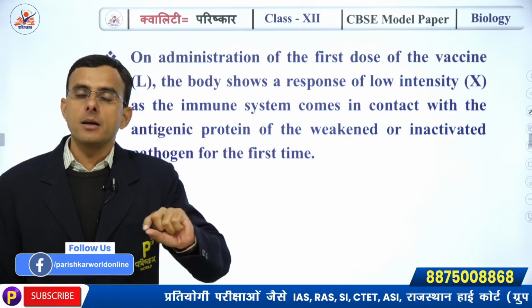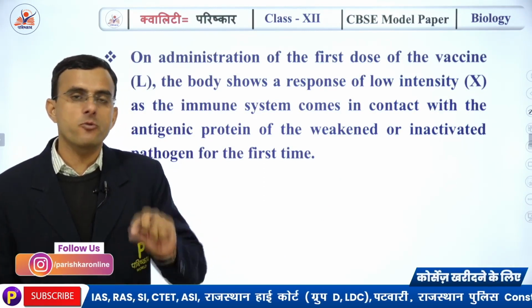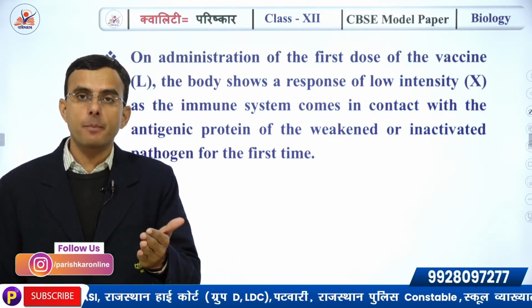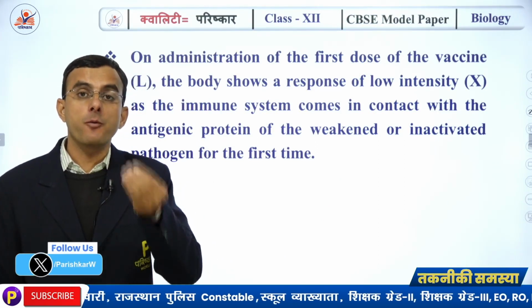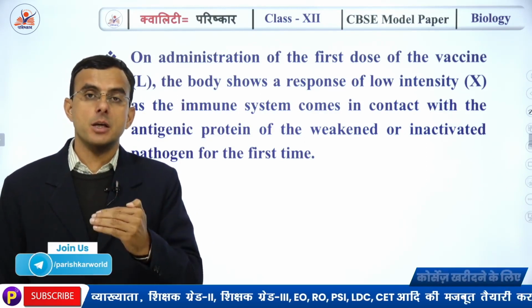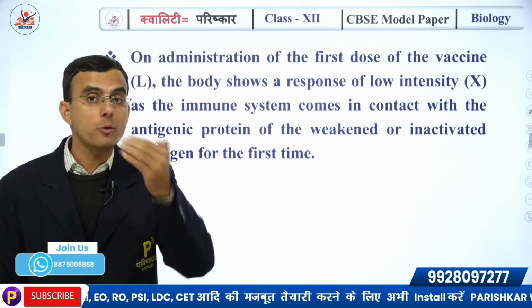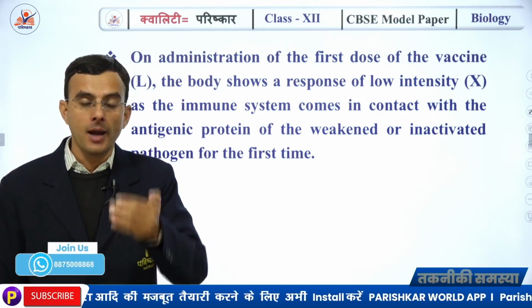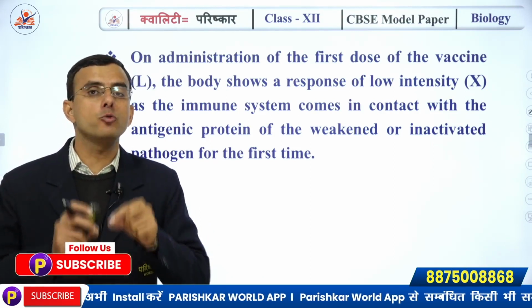If that response is for particular immunity development, that is, for particular antibody development, then what happens during the first response? During the first response, cells have to identify that antigen, and when they identify that particular antigen, then they respond.